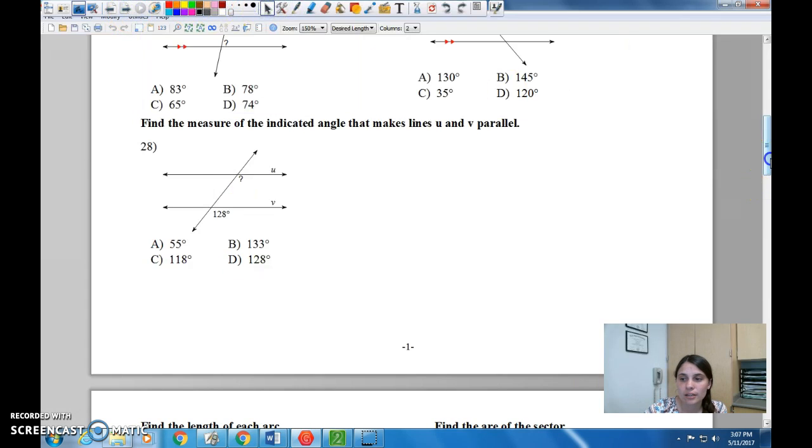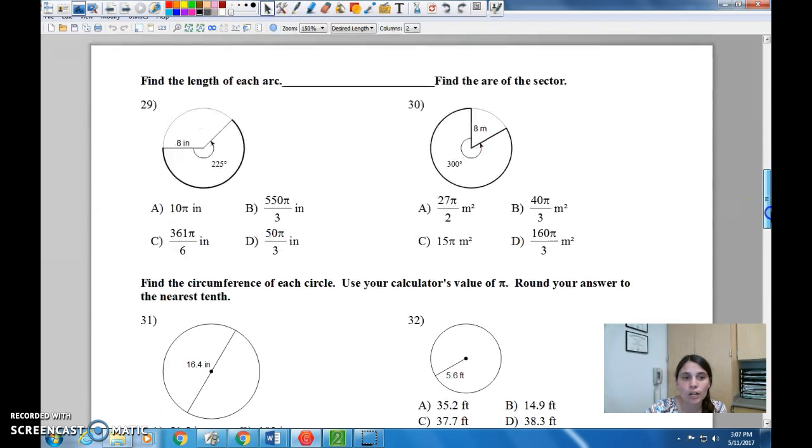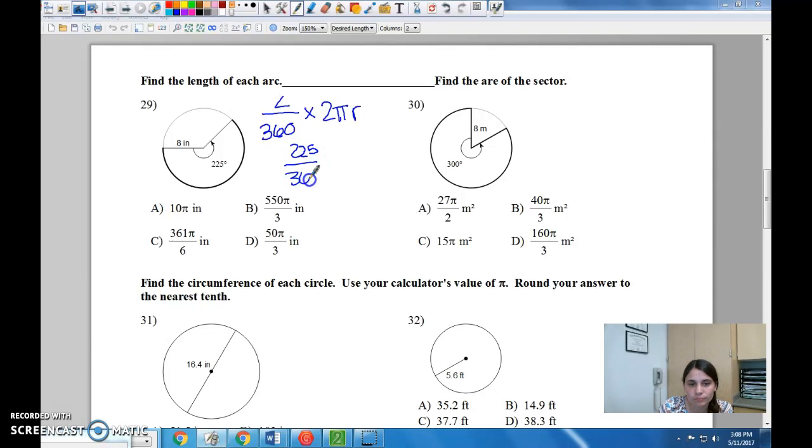All right, next question is arc length. So arc length is basically whatever my angle is, I'm going to divide that by 360, which is all the degrees in a circle, and then multiply it by the circumference, which is 2 pi r. So on this one, I have 225 over 360 times 2 times pi times the radius, which is 8.